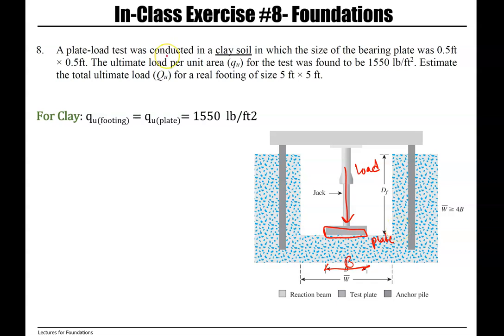A plate load test was conducted in a clay soil in which the size of the bearing plate, so width of plate, is 0.5 feet, and the ultimate load per unit area for the plate is 1550 pounds per square foot.